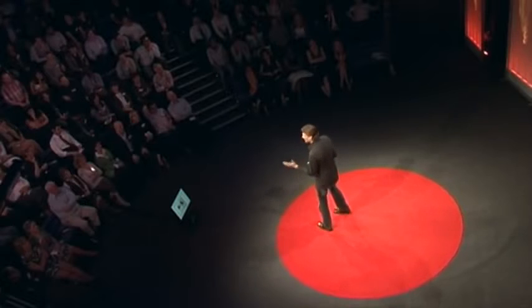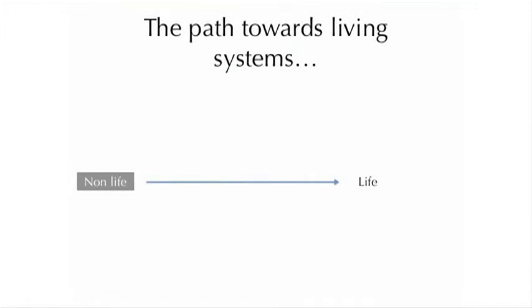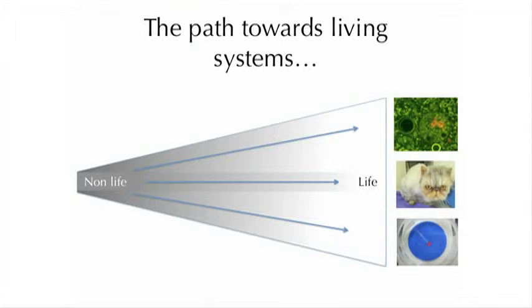But they have lifelike properties, is the point. So doing these artificial life experiments helps us define a potential path between non-living and living systems. And not only that, but it helps us broaden our view of what life is and what possible life there could be out there. Life that could be very different from life that we find here on Earth.